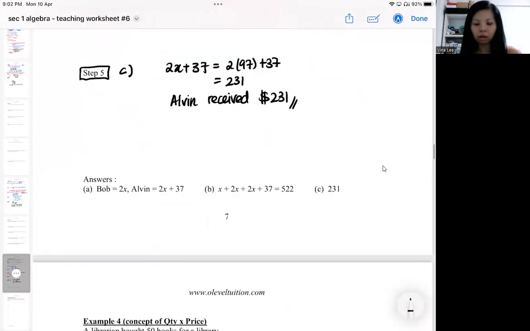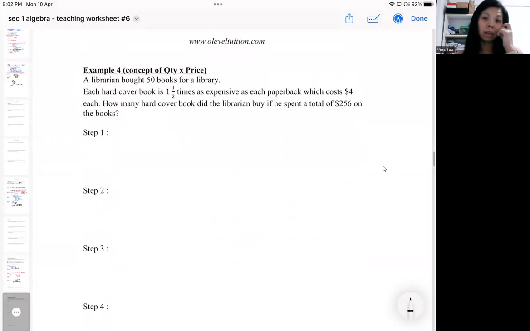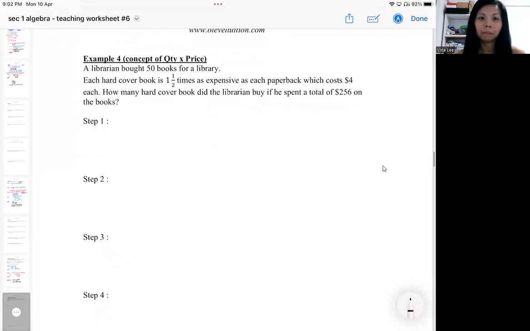But there's also another kind of money transaction, which is the idea of quantity times price. This one can be a little bit harder. So you read the question very carefully. A librarian bought 50 books for a library. The hardcover book is 1.5 times more expensive than the paperback. The paperback costs $4.